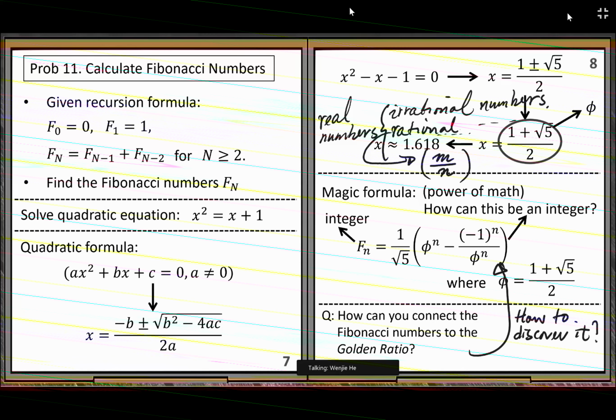That's not easy, because nobody can guess this, right? No matter how smart a person is, there's no chance that person guesses the formula for Fibonacci numbers. No way. How to connect to the golden ratio? Nobody can see it.